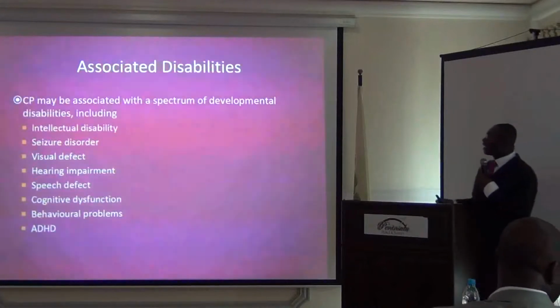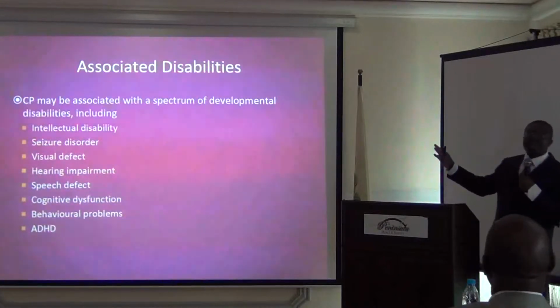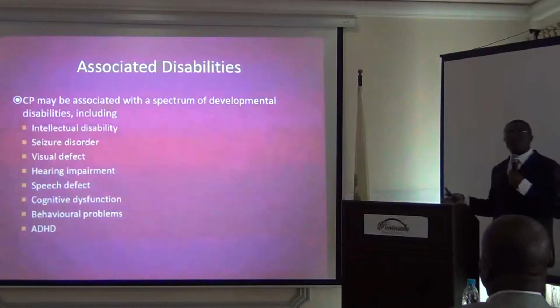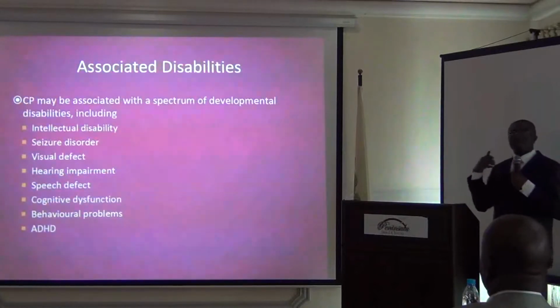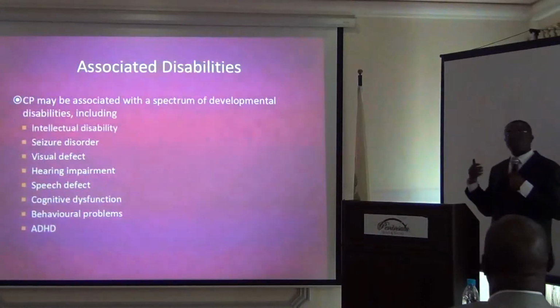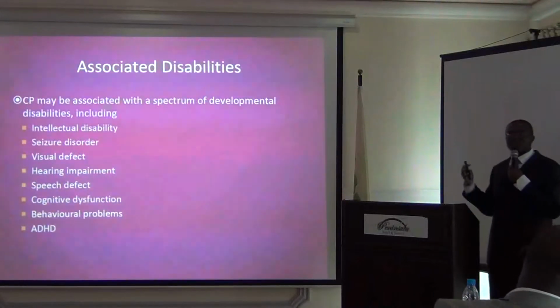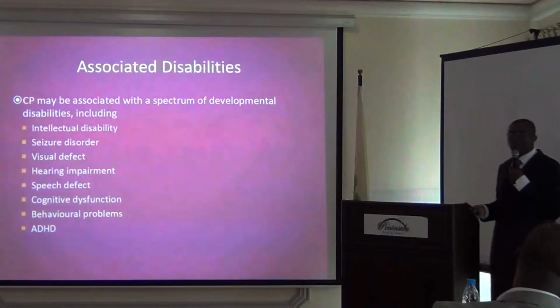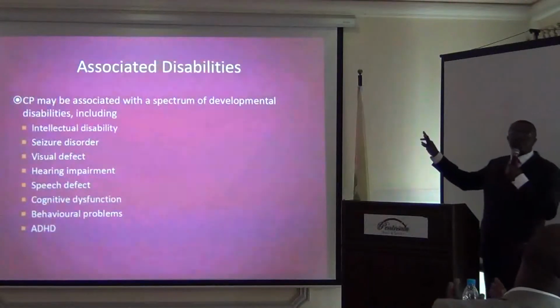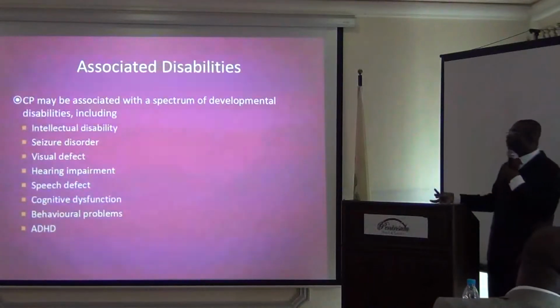So children that have cerebral palsy, as I said earlier, it has to do with the motor function. And because there is an injury that has affected the motor function, that injury could also have affected other parts of the brain. Okay, and if the injury affects other parts of the brain, then the child may have associated disability.